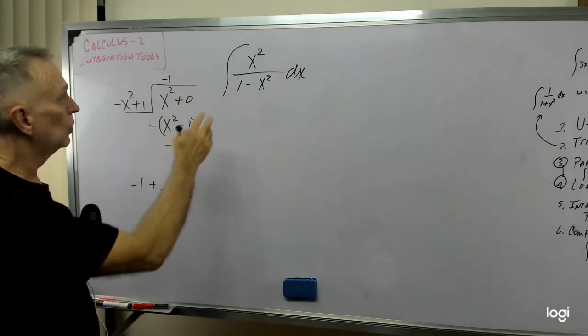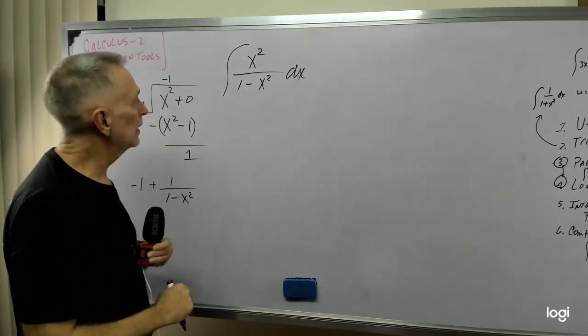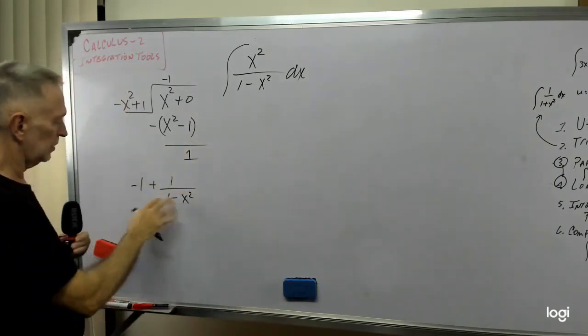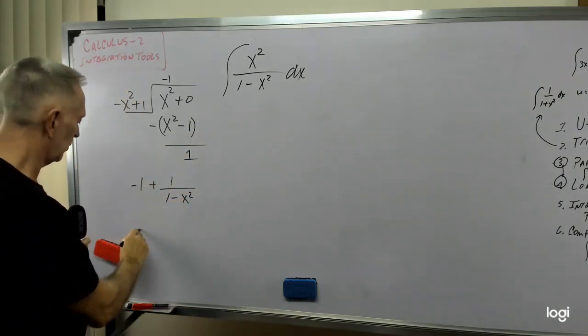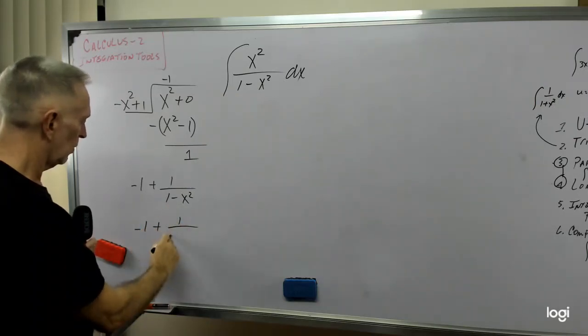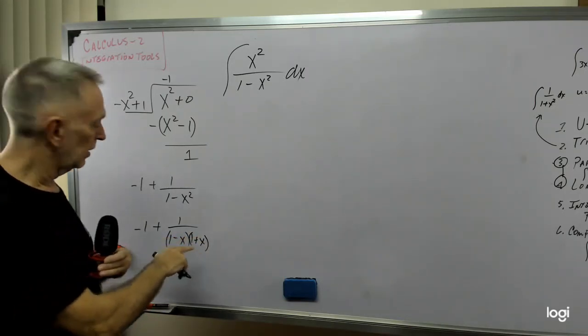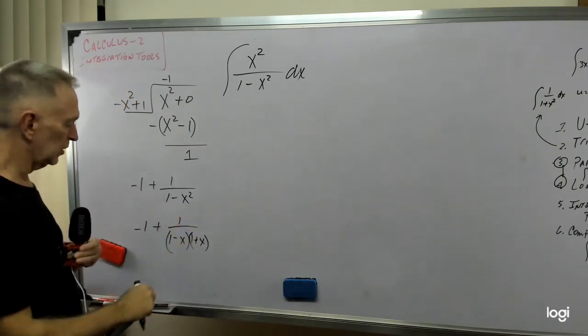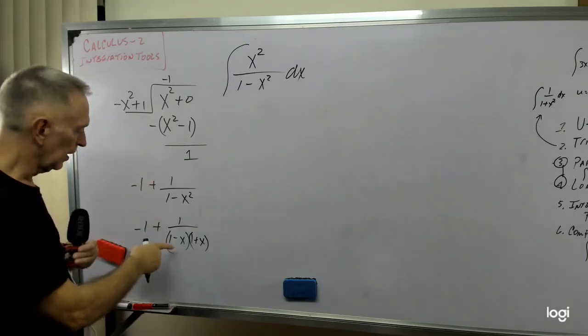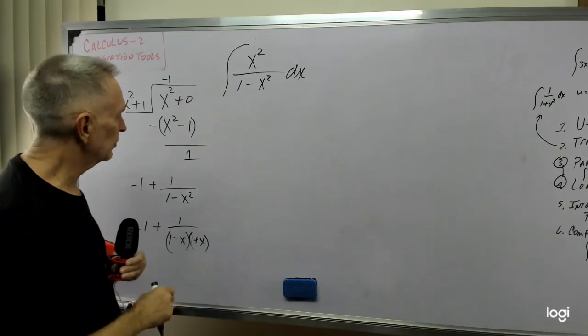Okay, so I've reduced the power of this, and this becomes much more manageable. As a matter of fact, minus 1 plus 1 over 1 minus x times 1 plus x. So I can factor that into something even more manageable. Now, but only if I can utilize partial fractions.